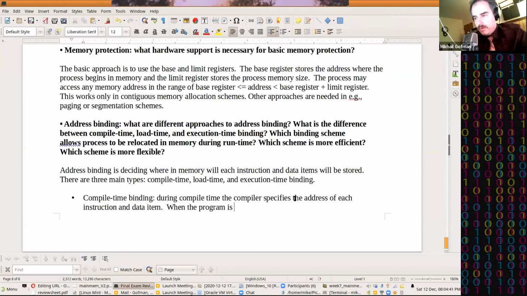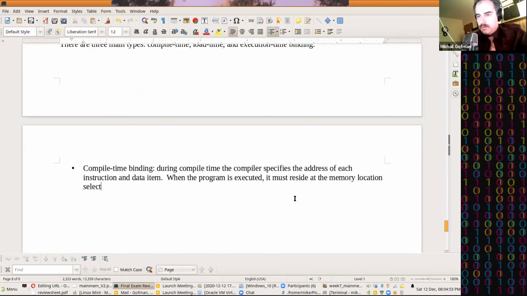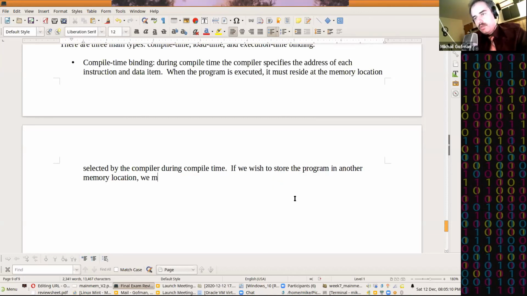When the program is executed, it must reside at the memory location selected by the compiler during compile time. If we wish to store the program in another memory location, we must recompile it. I think you can already tell from this that this is not at all flexible, very inflexible.